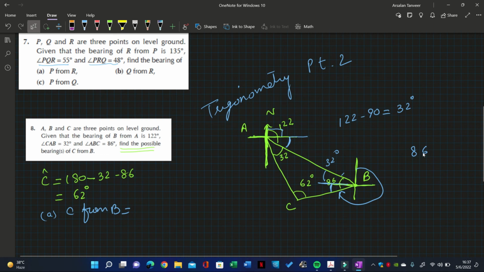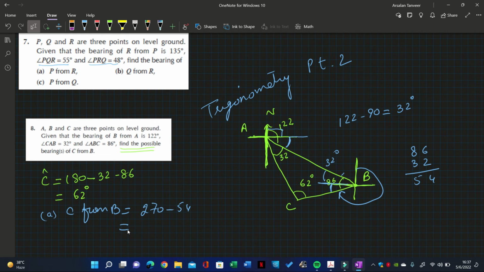It is your rough working. It will be 118, and I need to find the bearing of C from B, so it will be 270 minus 54. So you will have your first possible answer. It is 270 minus 54, answer is 216.